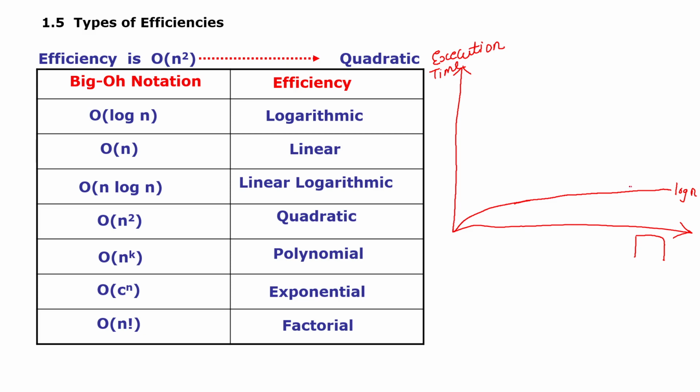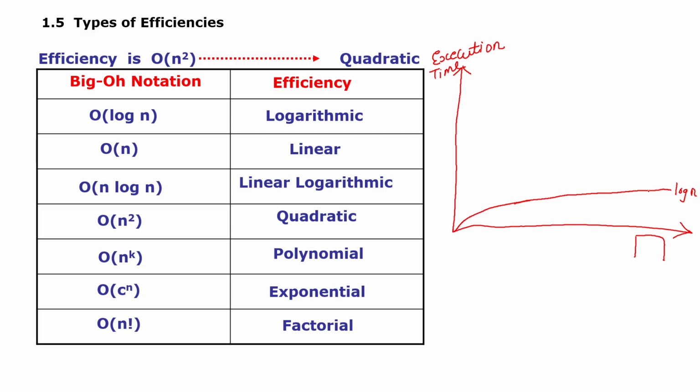That means when n is very large, the difference in the time is negligible. Or I will say it this way, when n is very large, the time taken by this algorithm becomes almost a constant. It will not vary significantly.